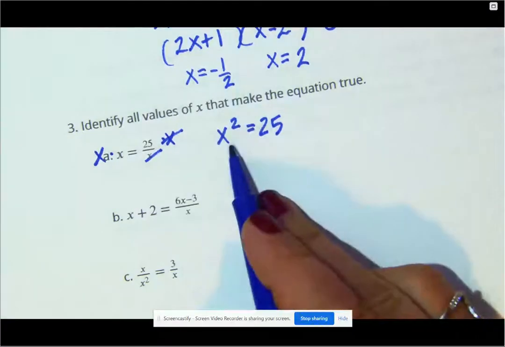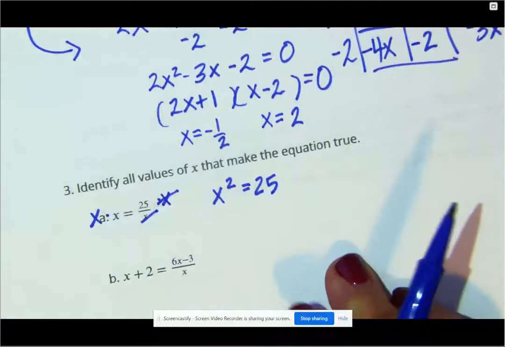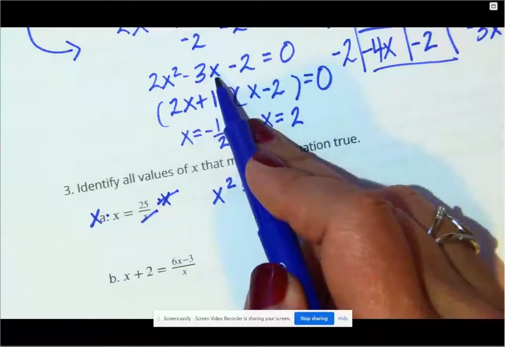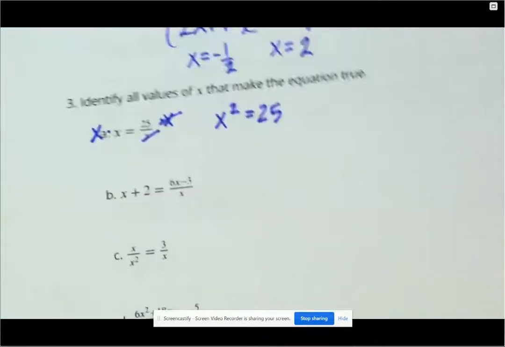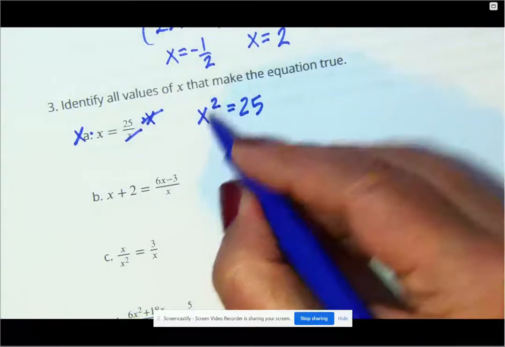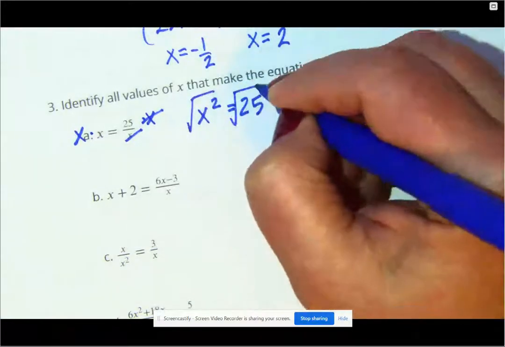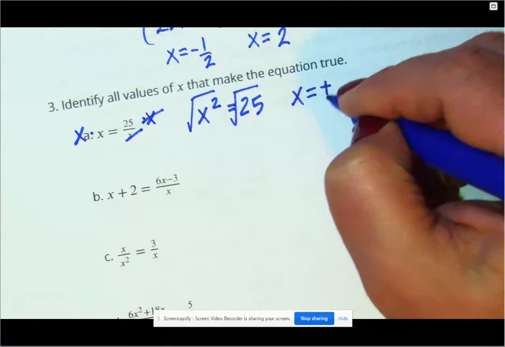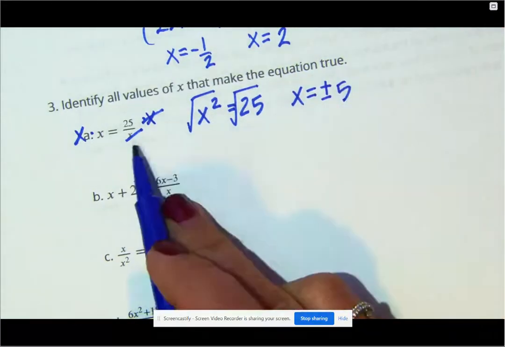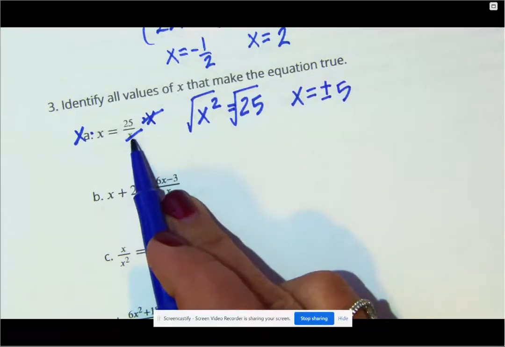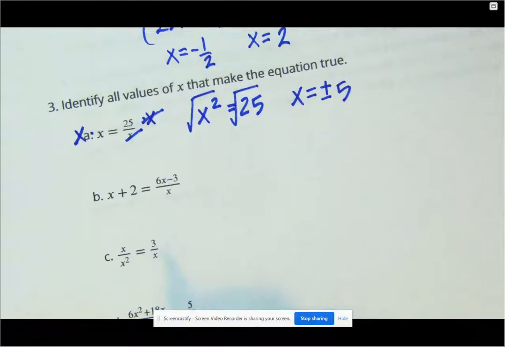Since it only has an x squared, while up here you had x squared and x, you couldn't isolate either of those. Here, your x squareds are isolated, so you can get x alone. You can take the square root, x equals plus or minus 5. We make sure, is 5 okay? Yeah, the only undefined value here is 0. You cannot let x be 0 because that would make the denominator 0.